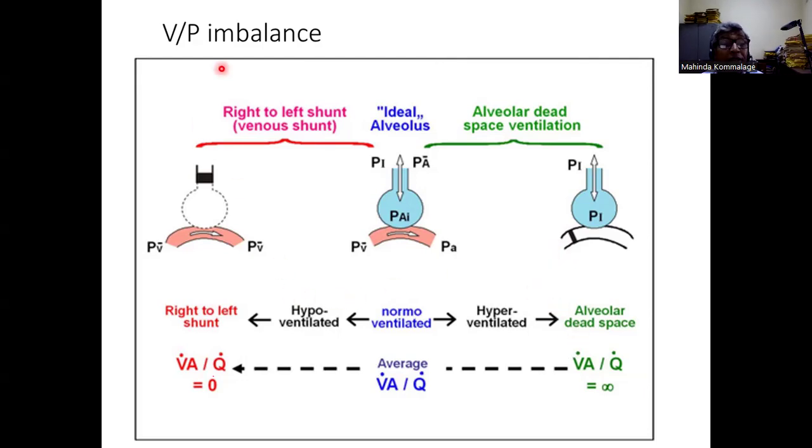So with that, we can use the ventilation perfusion ratio. Actually, sometimes for P we use Q. Don't worry. Some books say ventilation perfusion, and for the perfusion they use Q. Right? So ventilation perfusion ratio.